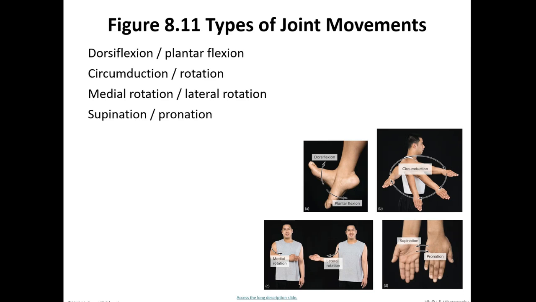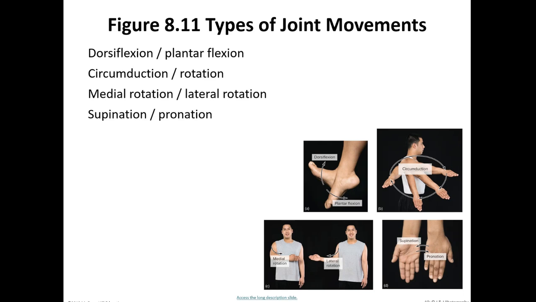And then another type of joint movement is called circumduction, and rotation. Most of us, before we took this class, think when someone does this, it's called rotation. No, that's not rotation. Rotation means I show you this side and I show you this side. It's called rotation.